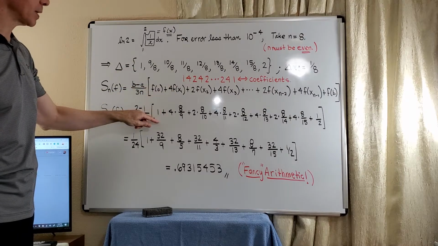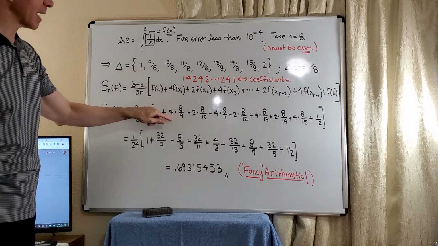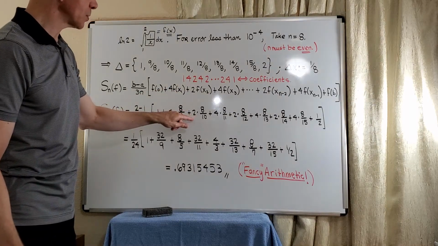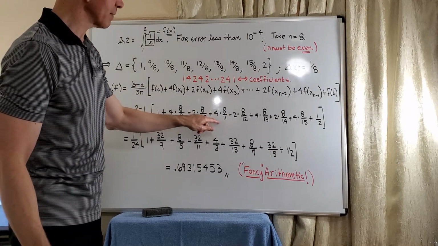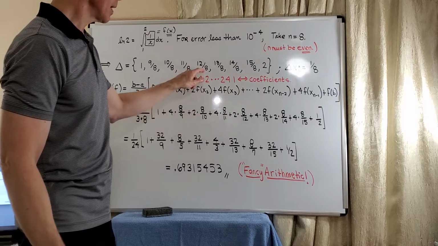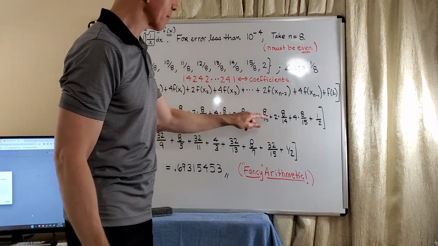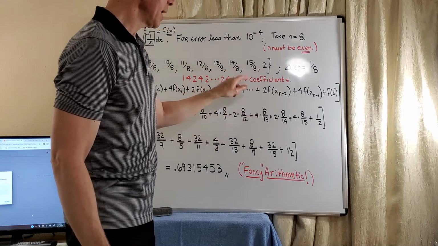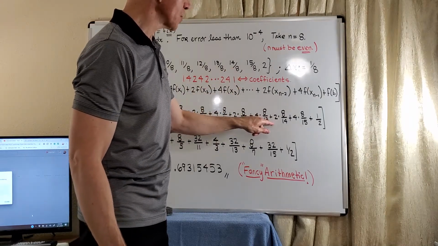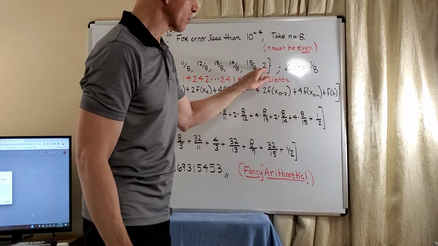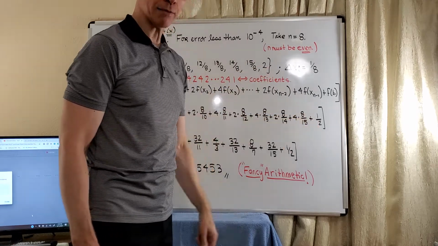So we have 1, then we have 8 over 9 times the 4, then we have what? 8 over 10 times the 2, and then 8 over 11 times the 4, and then 8 over 12 times 2, and then here 8 over 13 times 4, and then 8 over 14 times 2, and then 8 over 15 times 4, and then the reciprocal of 2, which is 1/2.